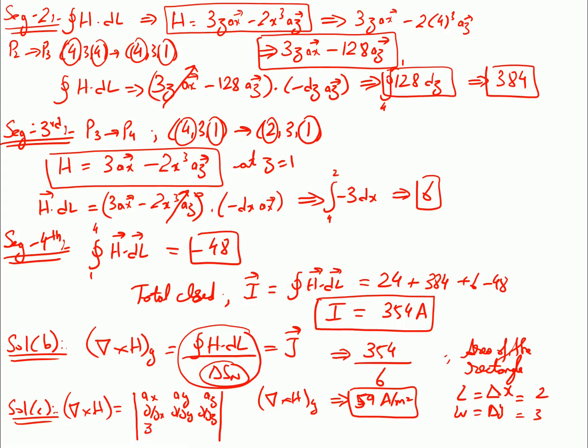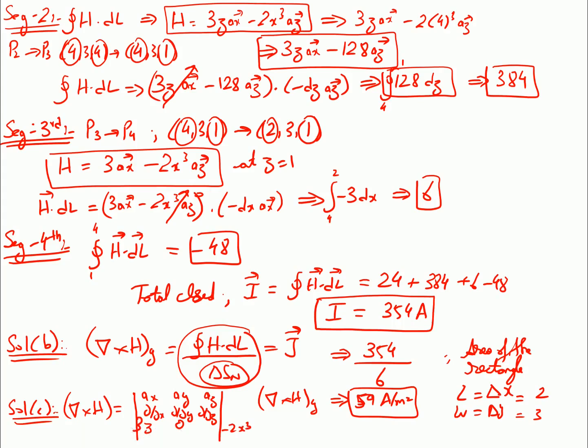Let me try to write it over here. So 3z, y will be 0 and this will be minus 2x cubed. So this is minus 2x cubed for z and this is 3z.